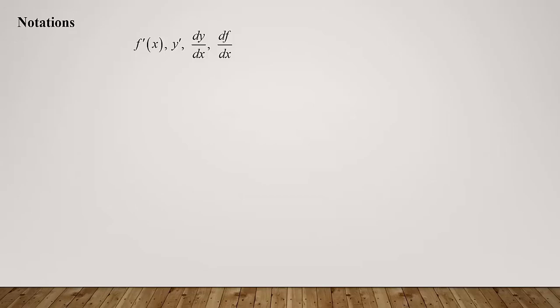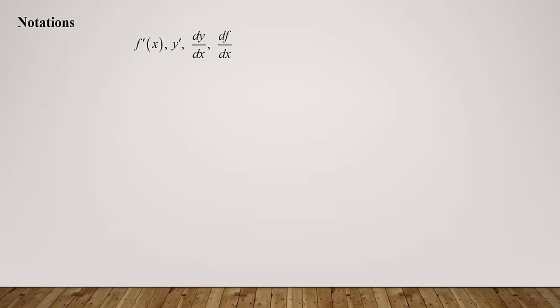And then the fourth notation that I have listed here is df dx. I rarely, if ever, use that notation. I'm just listing it here, just in case, who knows, in the future you might see it, and I don't want you to be surprised by it.